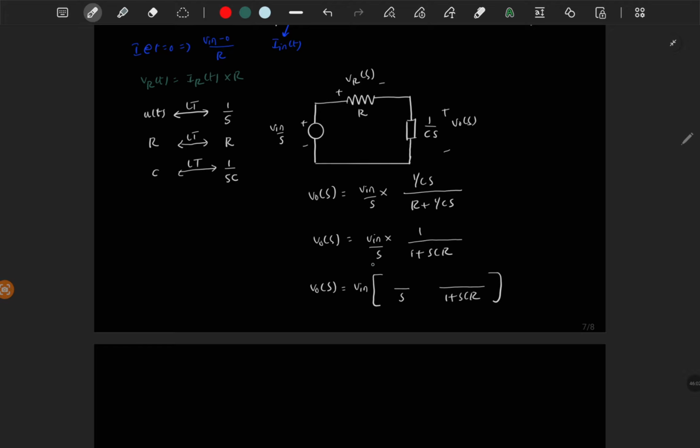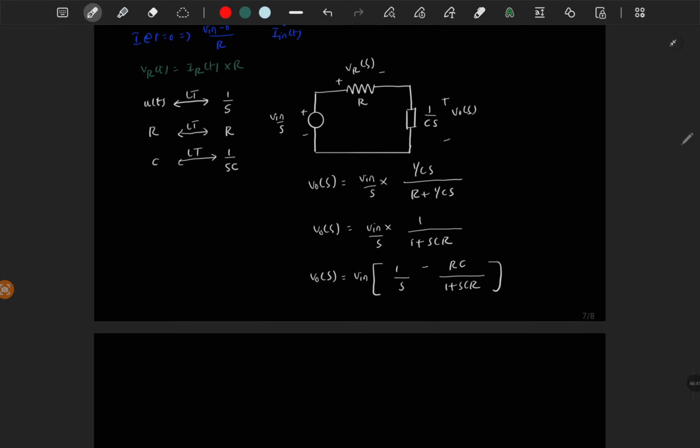If you want to make S zero, substitute S as 0, close this one, and put S equal to 0 in the rest, so you will get 1. This is just the simple technique. Similarly, if you make 1 plus SRC zero, then you will get S equal to minus 1 by RC. Close this one, and put that minus 1 by RC into the remaining part, so it's just minus RC, right?